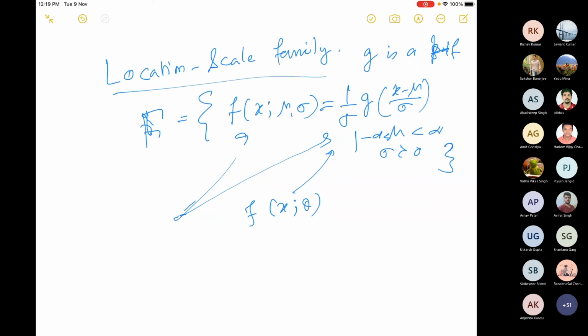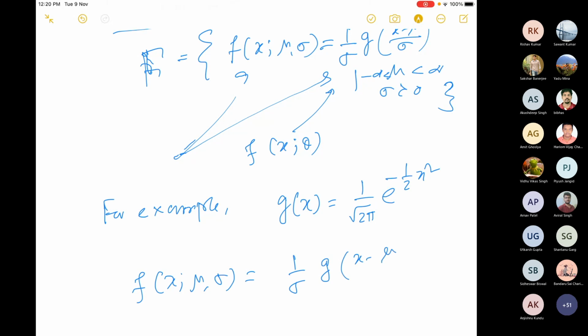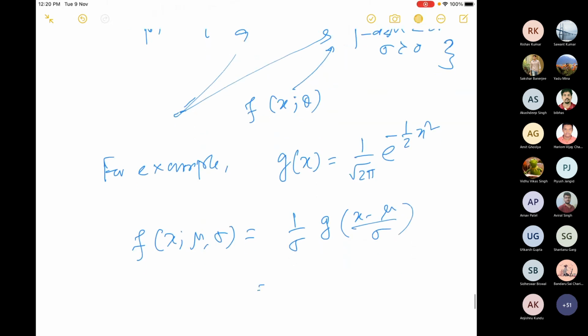Let's look at how this works with an example. If we assume G(x) to be a PDF like the standard normal, e to the power minus half x square, then f(x, mu, sigma) is 1 by sigma times G of (x minus mu) by sigma, so 1 by root 2 pi e to the power minus half ((x minus mu) by sigma) whole square.